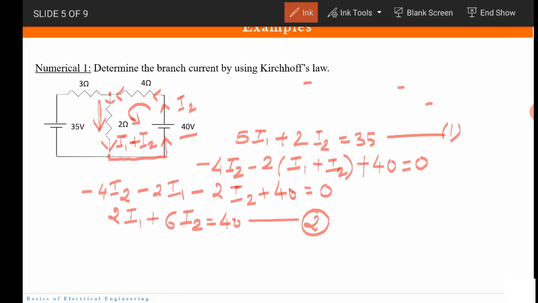So to solve it for I1, you can multiply equation 1 by 2 and multiply equation 2 by 5. Fine. So I1 terms will get cancelled, correct, and you will get I2 terms. Fine. So please pause the video and solve it.